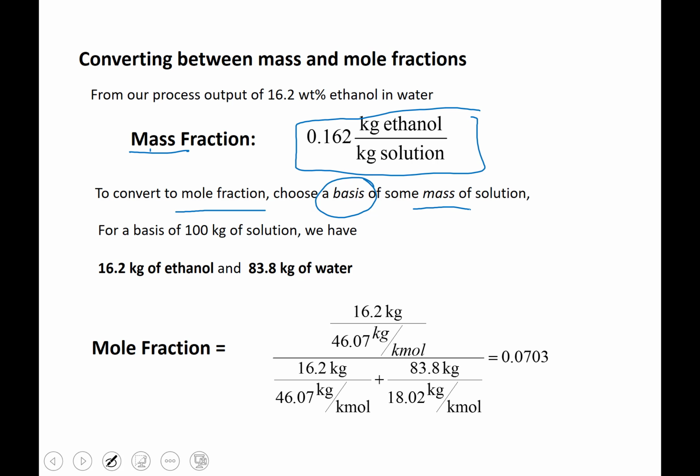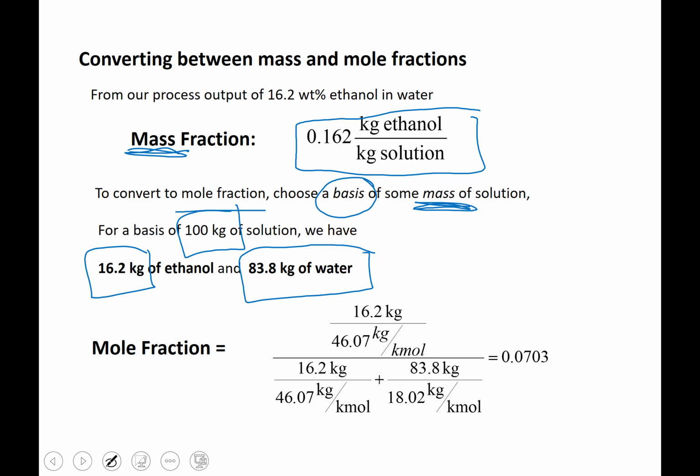If we are trying to calculate a mass fraction from a mole fraction, we will start with a basis of moles. But here we have mass fractions, so we choose a basis of mass. Let's choose 100 kilograms as our basis. That means in our solution we have 16.2 kilograms of ethanol and 83.8 kilograms of water.